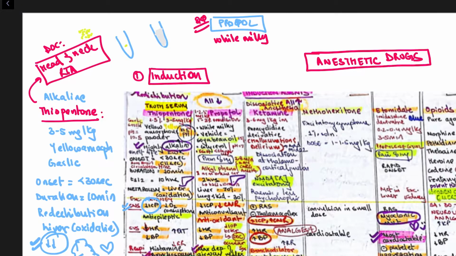This is a yellow amorphous powder, okay. Then the vehicle for propofol is soybean oil, and therefore it will cause pain on injection, this is due to soybean oil. It also contains glycerol and it is also alkaline.